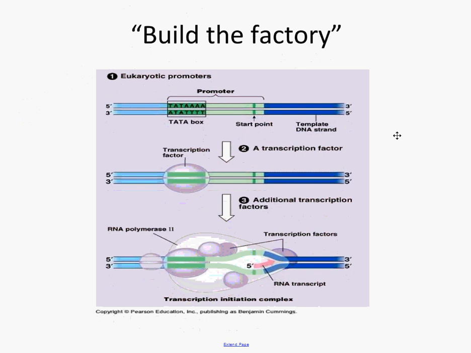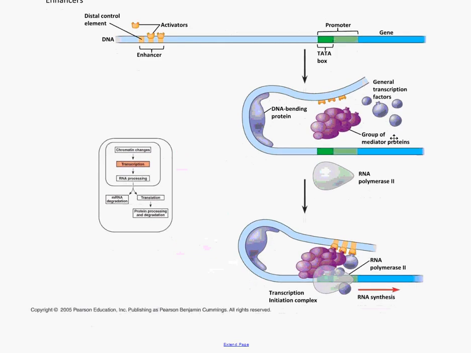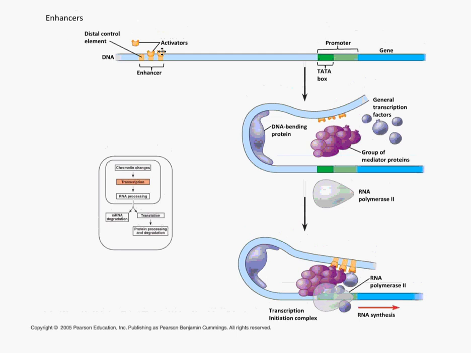Some of these pre-transcription factors or during-transcription factors can actually occur during the building of the factory. Let me explain how that works. Here's the transcription initiation complex and RNA polymerase. In this particular picture, there are these structures called enhancers. What the enhancers will do is they will actually kind of bend over.